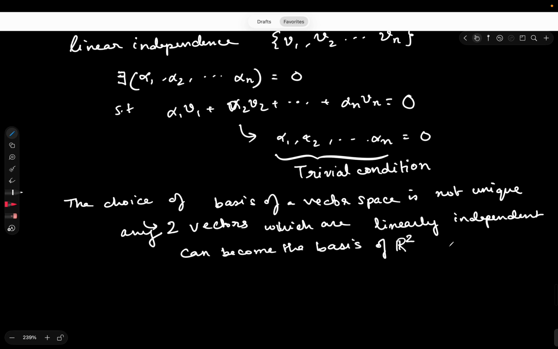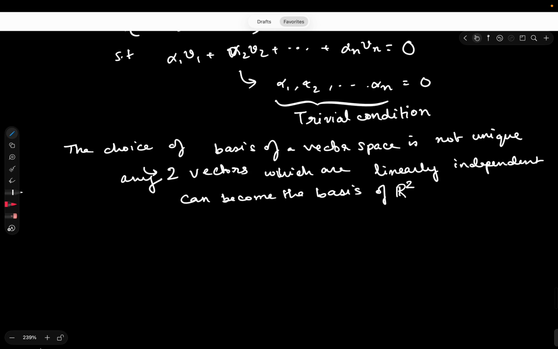So we were having (1, 1) and (1, 0). We can also have, suppose, (-1, 0) and another which is (0, 2). This can also become a basis of the vector space R2.